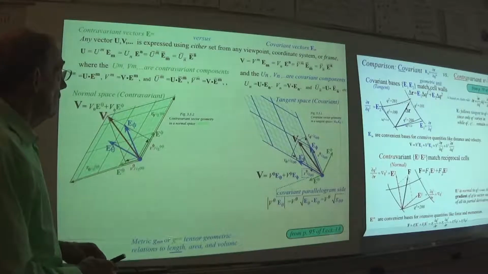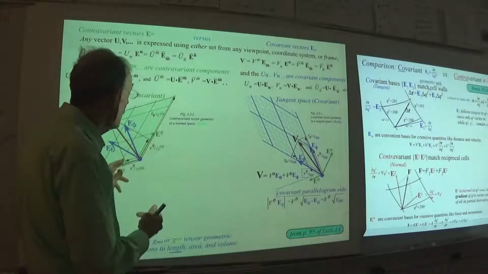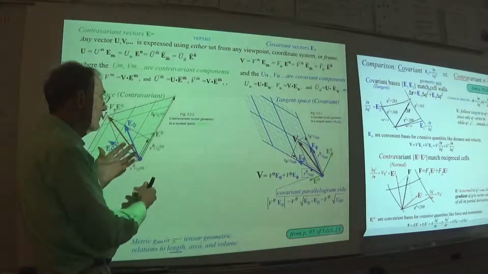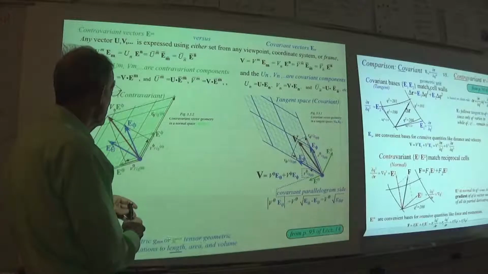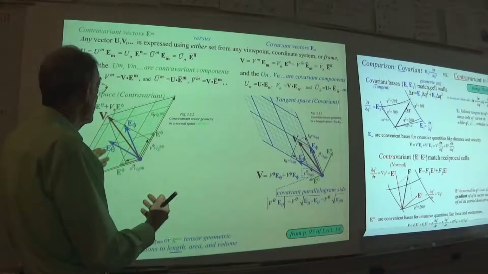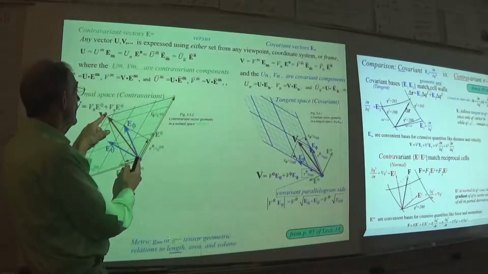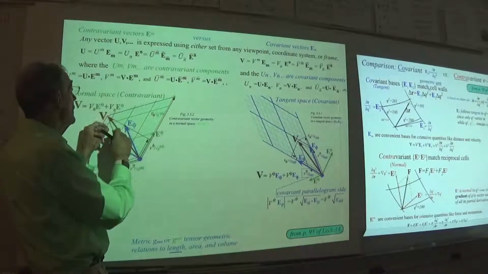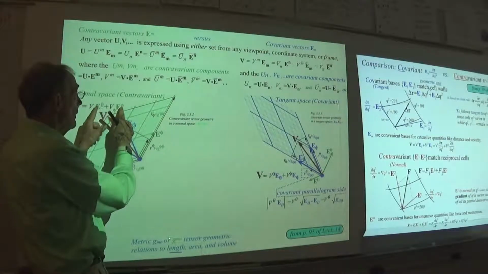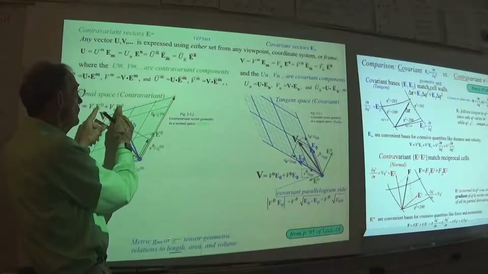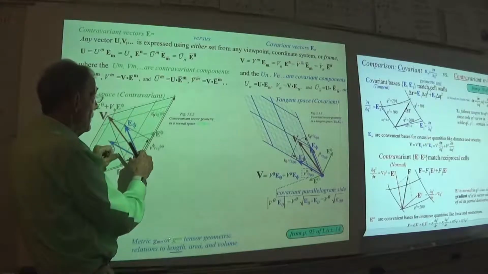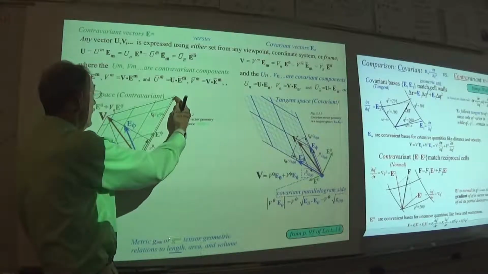Okay, so then comes the question of how long is a vector. And there's lots of different ways to make the vector. The first and most obvious way to make this vector is if you're going to use contravariant unitary vectors. If you're going to do that, well, that just means that you've got this much.